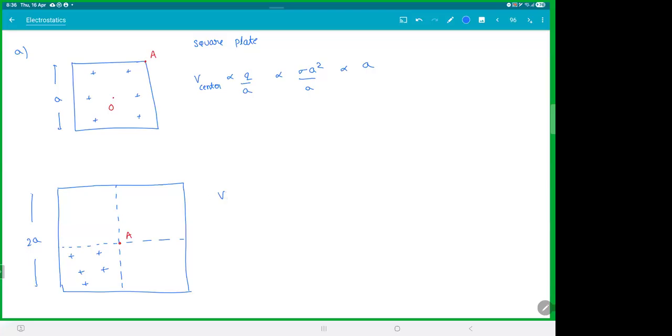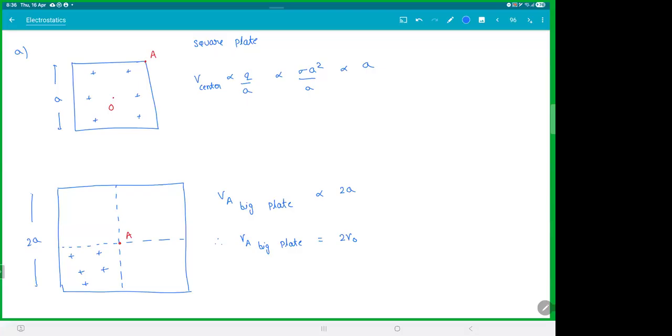So the potential at the center here, VA for the big plate, must be proportional to 2A. Therefore, VA for the big plate must be equal to 2V naught, where V naught is the potential for that small plate. Is that making sense?